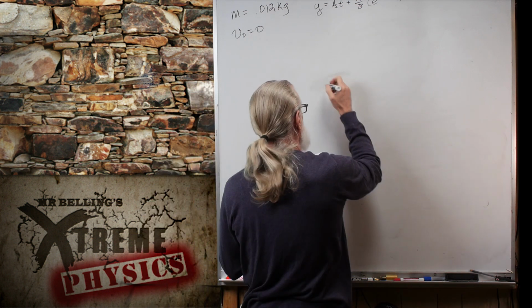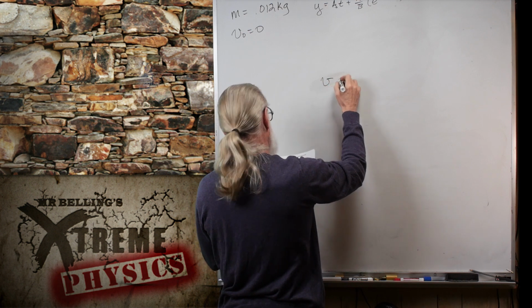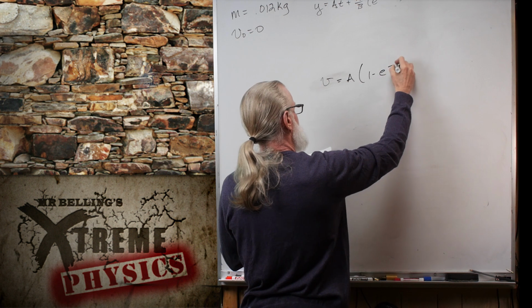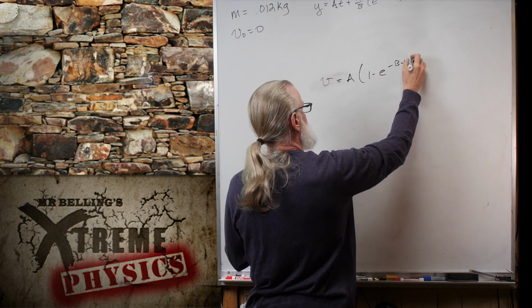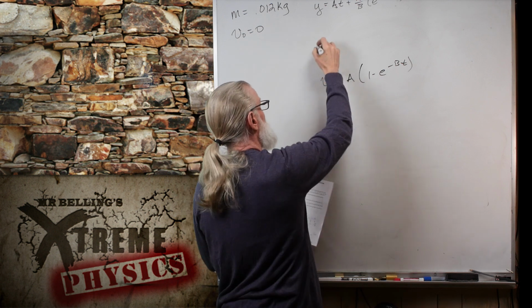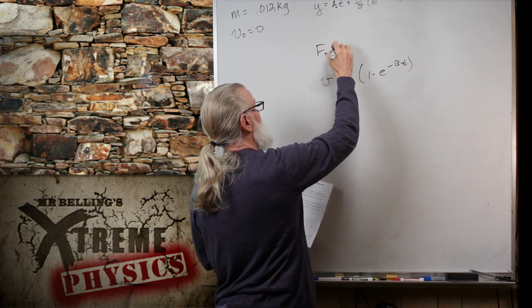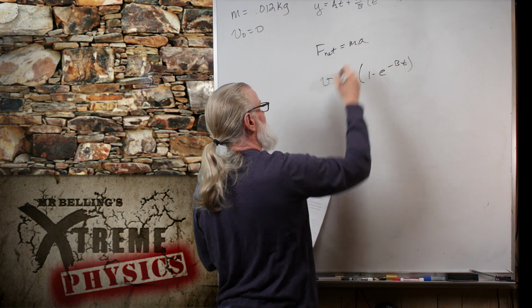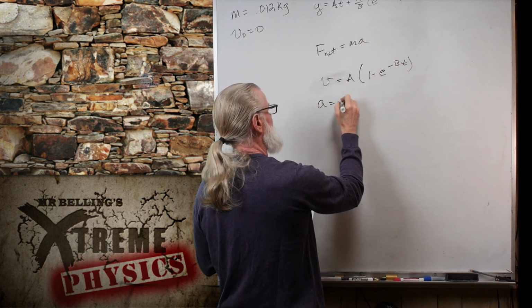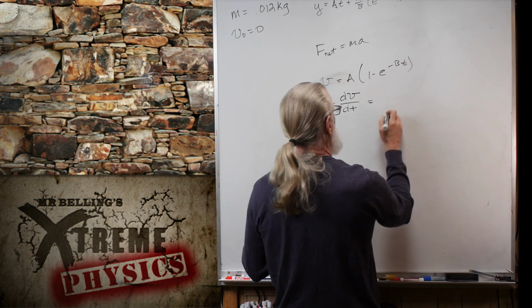All right, well, they gave us velocity. Velocity equals a times 1 minus e to the minus bt. So I want acceleration because I know that F net equals mass times acceleration. Let's find that. So acceleration equals dv/dt.